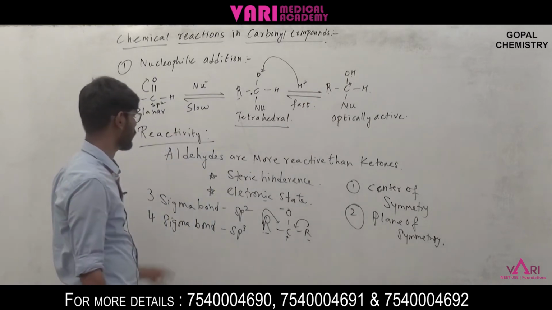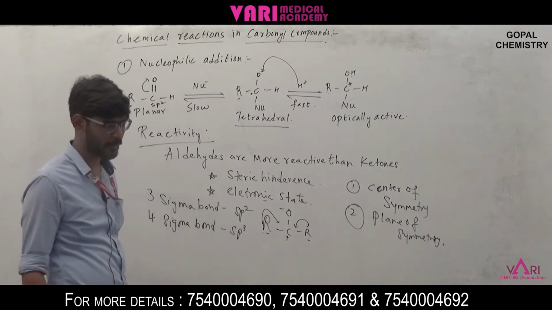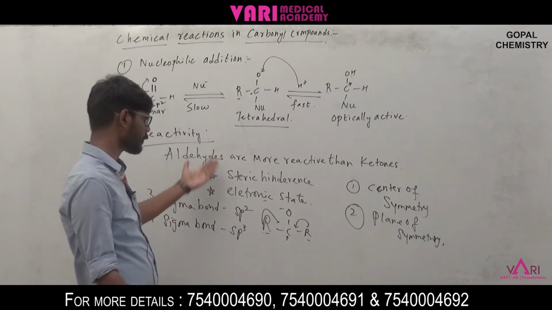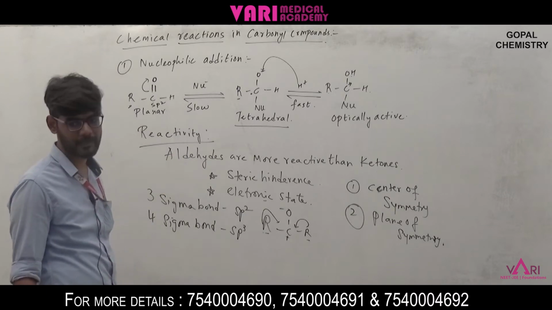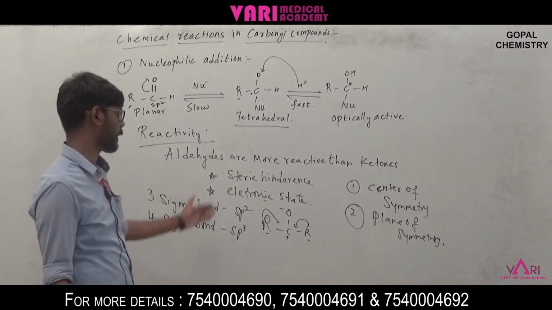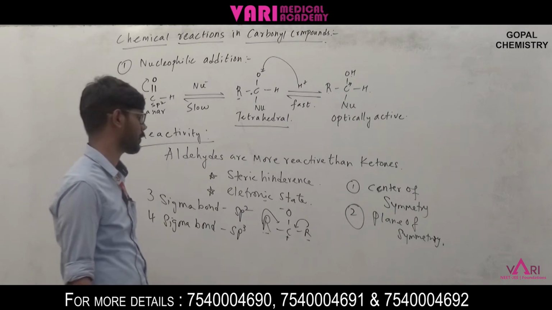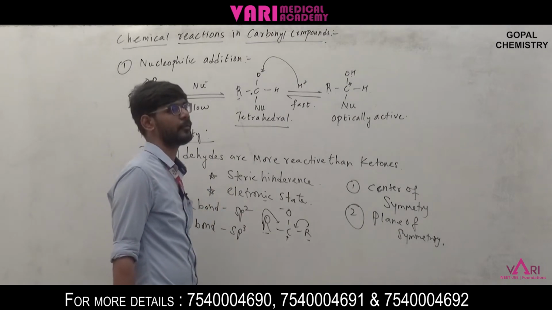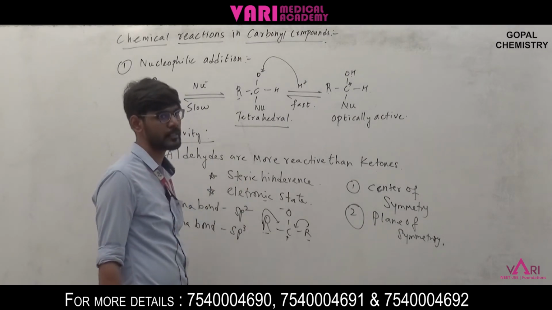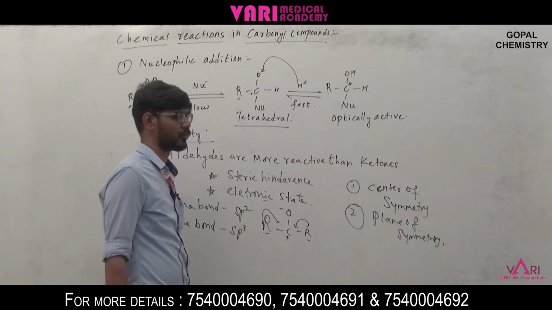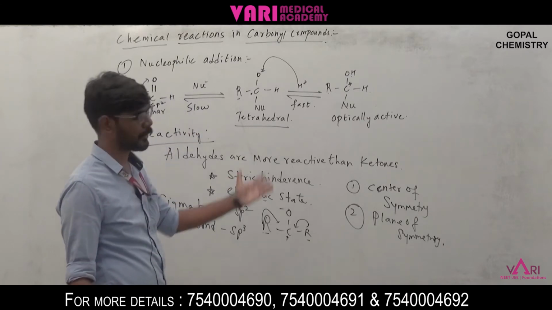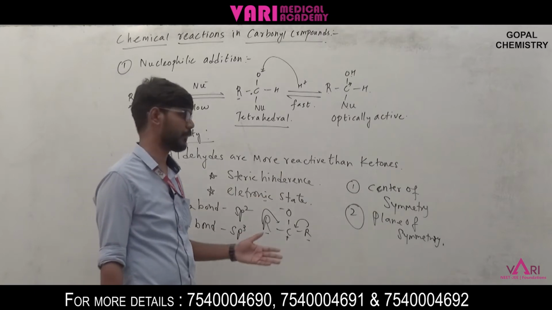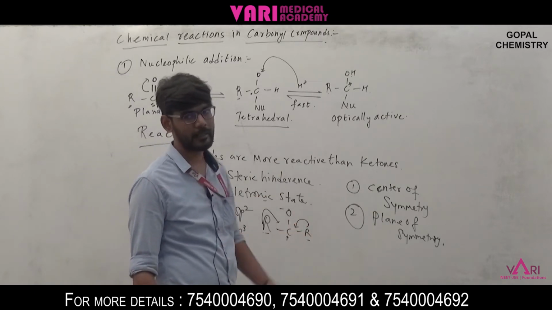Next, students, as we discussed before, the aldehyde will be faster than ketones, because there are two factors which rule that the aldehyde is more reactive: one is steric hindrance and the next one is electronic state. And chirality we have discussed in many classes: a chiral carbon has to be there.